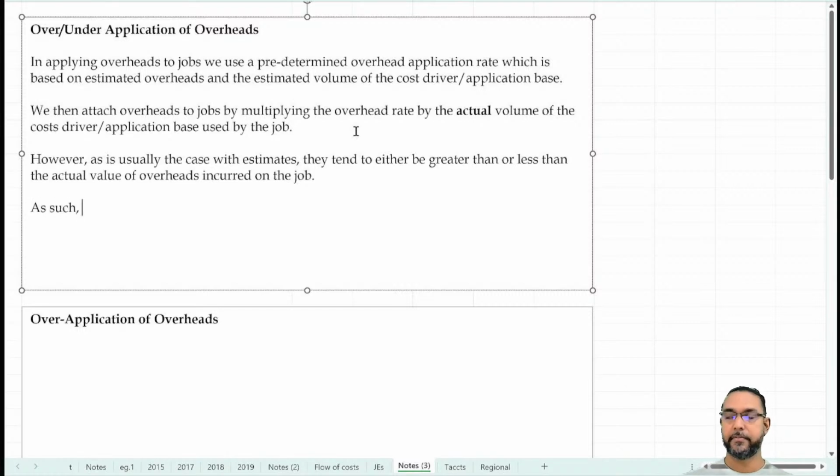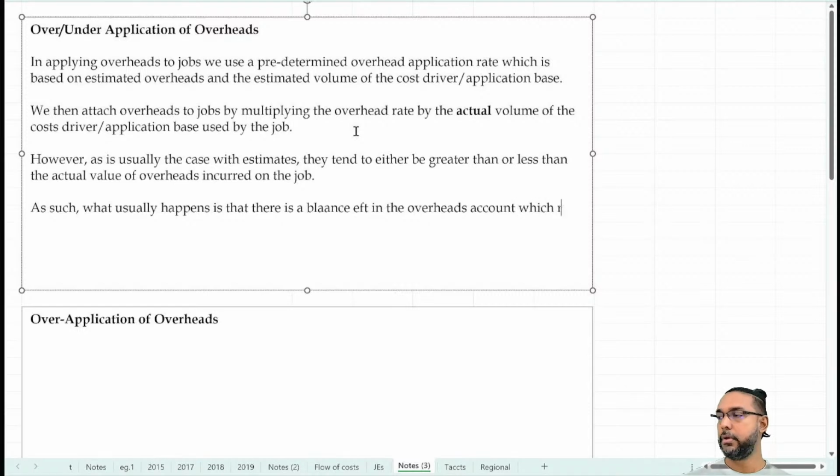As such, what usually happens is that there is a balance left in the overheads account, which represents either the under application or over application of overheads to jobs.